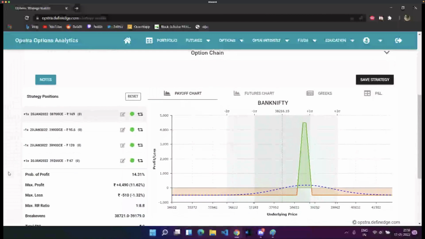You can put any number of points in between your short strikes.